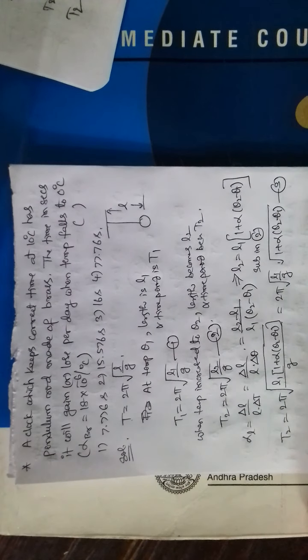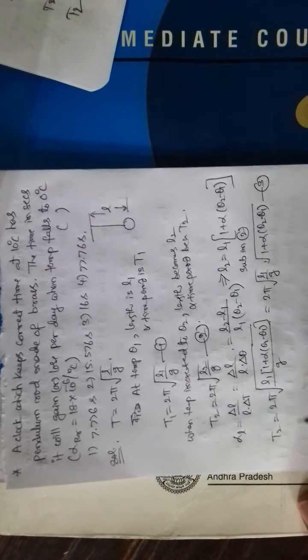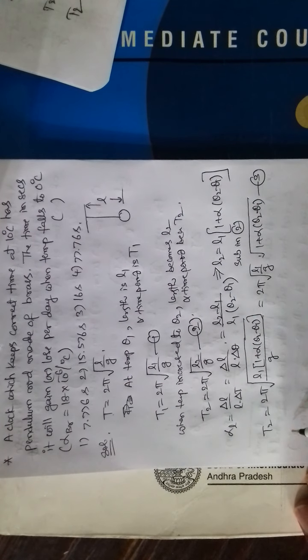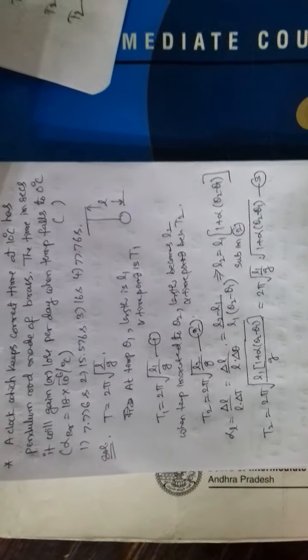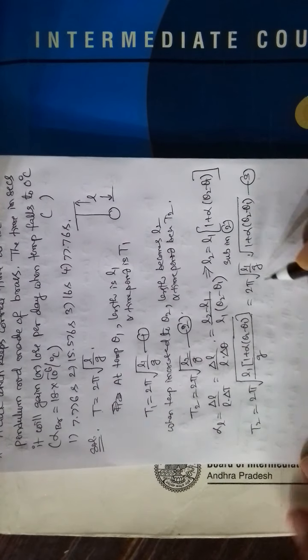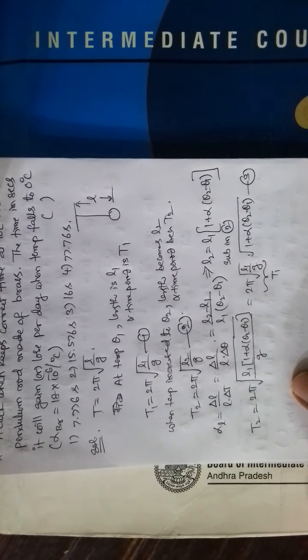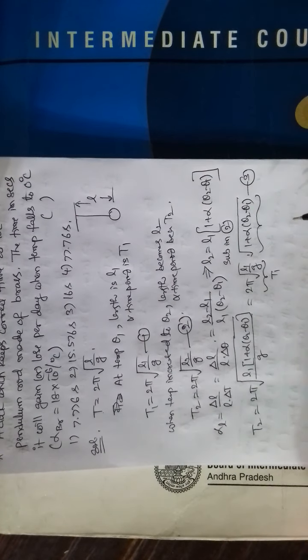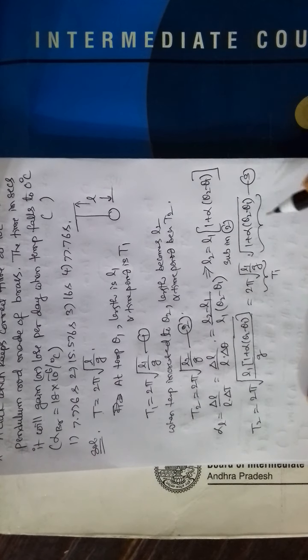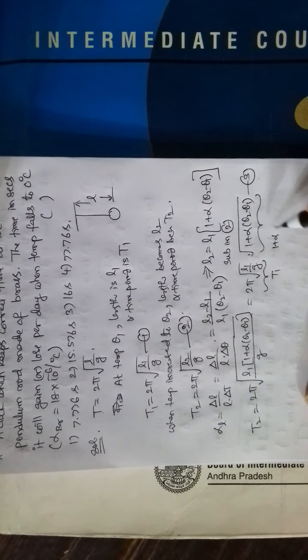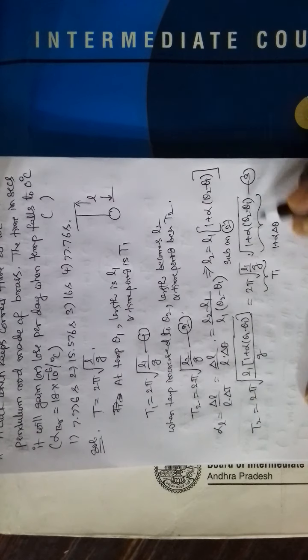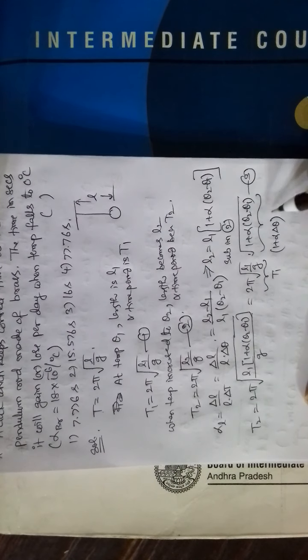This is the third equation. Now dividing, this is equal to T1, and this by binomial expansion. See, this can be written as 1 plus alpha delta theta, this power 1 by 2.